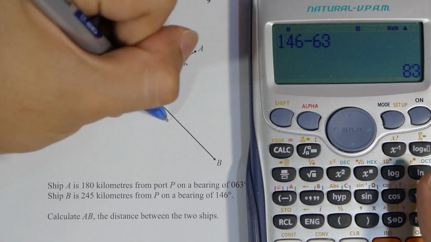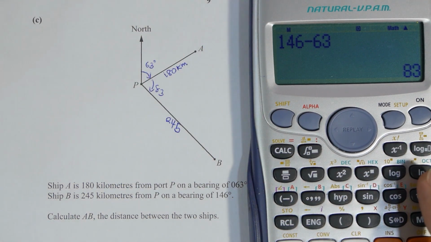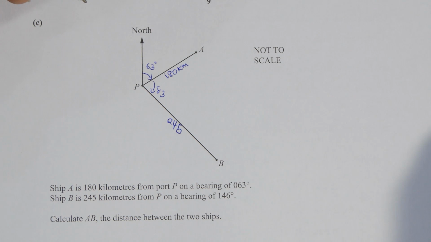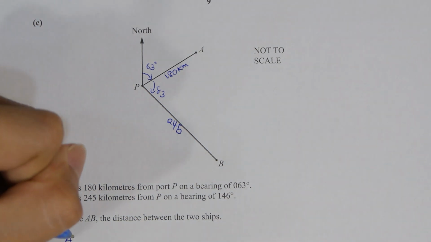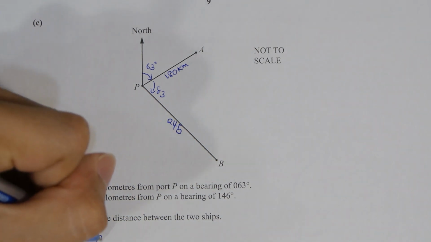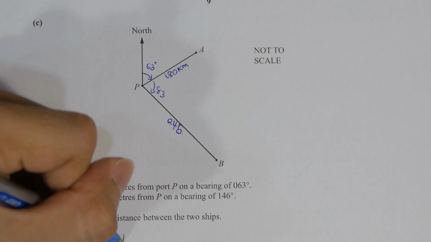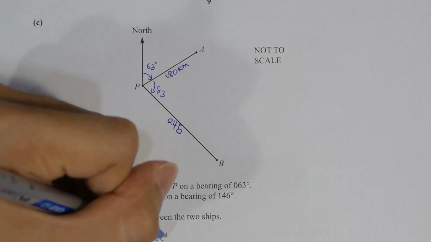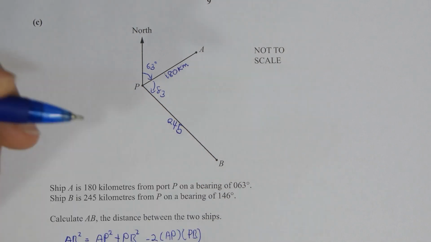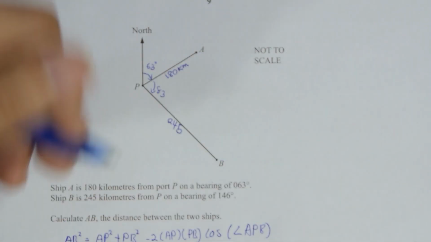So angle APB will be 83 degrees. With that being said, we can now use the cosine rule formula and get AB's value as 285.79.